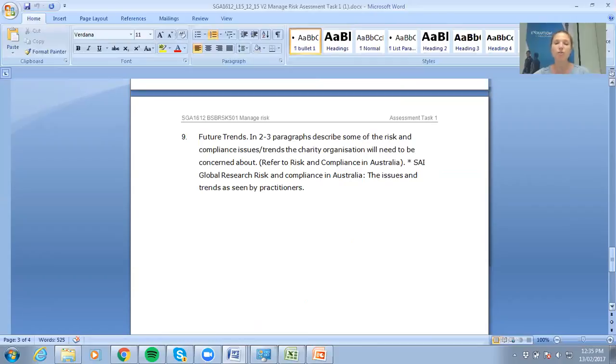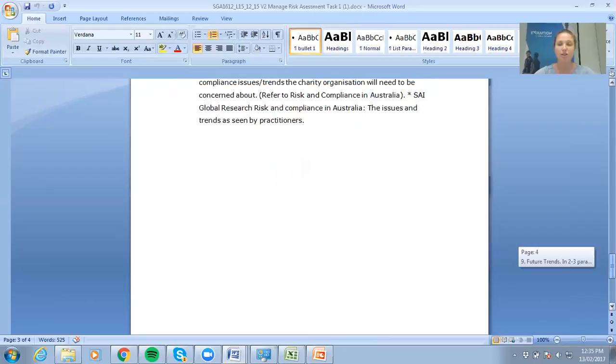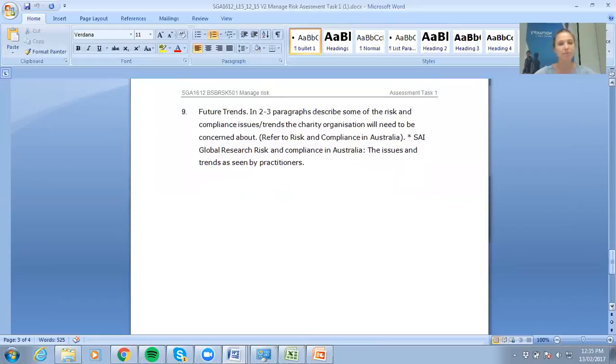Okay, or could they have said something that they shouldn't have, that's been taken the wrong way, and the media have got their hands on it, and it's potentially impacted their ability to move forward and people to trust them or like their reputation and want to donate to them? Okay, so having a look at any forms of risk around compliance that the organisation needs to be concerned about, and again, just a couple of paragraphs there to answer your question.